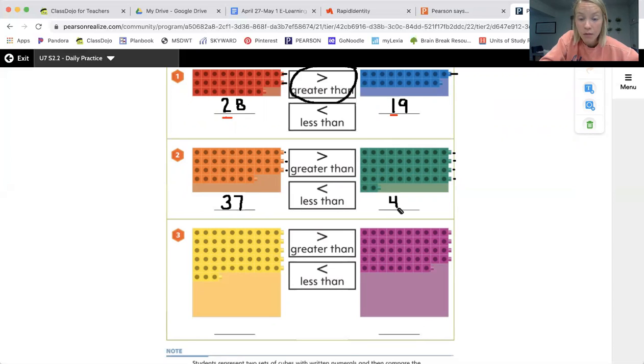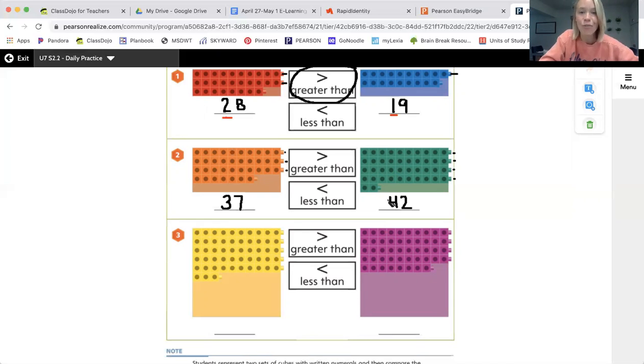Okay, same as before, we're going to read this problem from left to right, just like we read a book. 37 is greater than 42, or 37 is less than 42. Okay, so is my alligator going to eat 37, or is my alligator going to eat 42?